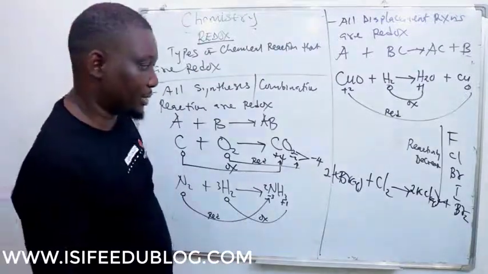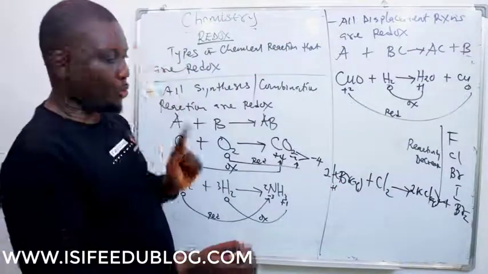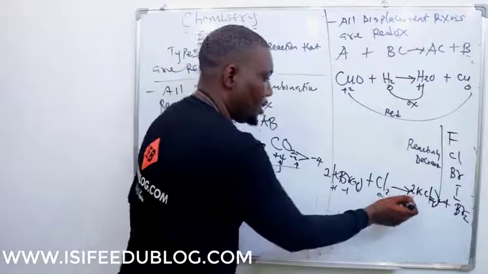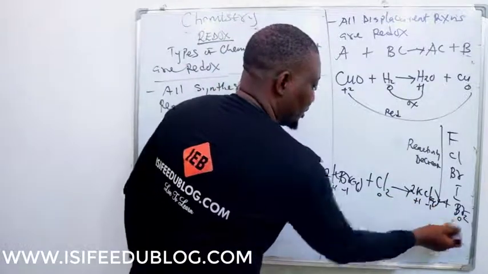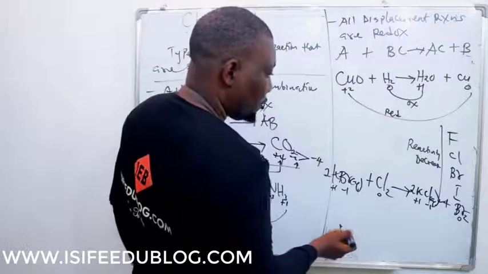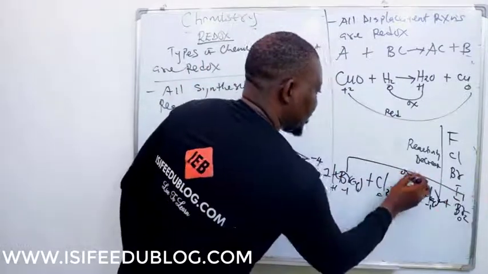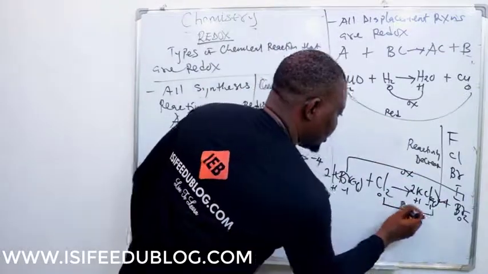But how is it redox here? K is +1, by virtue of being an element in group 1, so bromine will definitely be -1. This will be 0. K will still be +1. This is going to be -1. This is going to be 0. So in this reaction, bromine from here to here has oxidized. Then chlorine from here to here has what? Reduced.